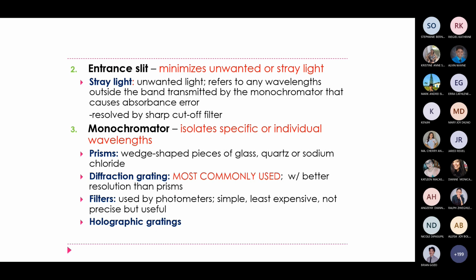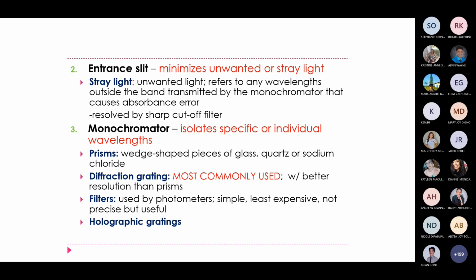For monochromator naman, it isolates specific or individual wavelengths. We have 1, 2, 3, 4 types of monochromators. So the first one is the prism. So it may be glass, quartz, or sodium chloride. Okay, from my notes, yung prism, it produces pure light.